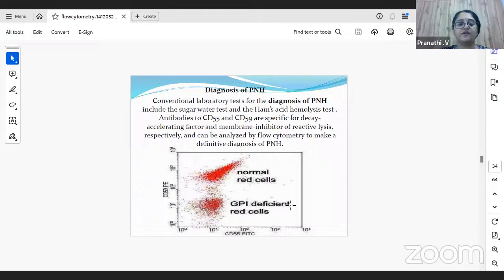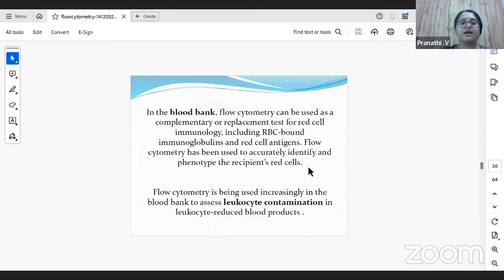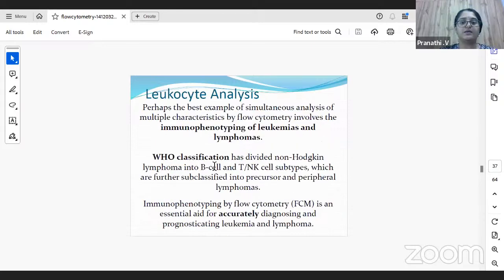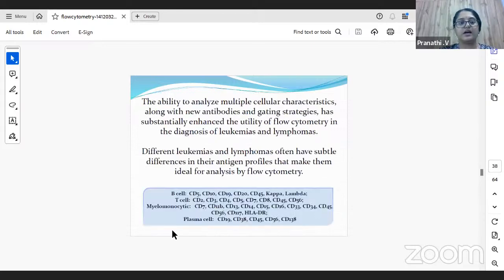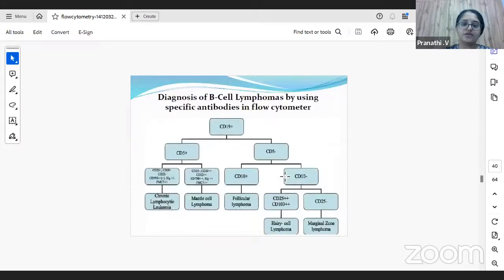If there's any kind of deficiency, then you're going to find out. Reticulocytes can be analyzed, and blood bank also you can use it for different kinds of phenotyping of the donor and recipient basically. And if there's any kind of leukocyte contamination, then you can see that. So all of this can be done or detected using your flow cytometer.